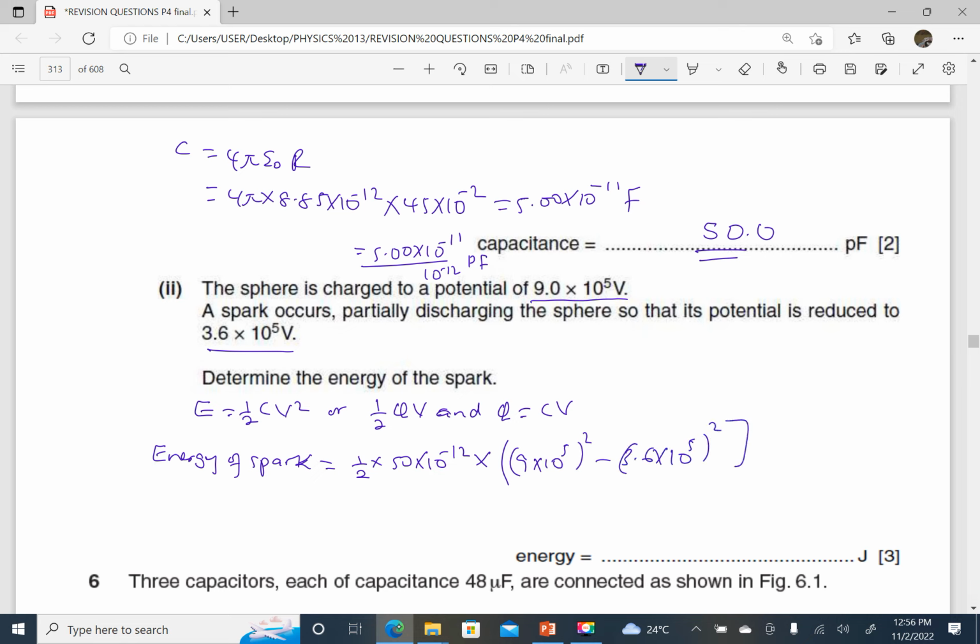These are multiplied by a half C. Pressing my calculator, from my calculator, this is approximately 17.